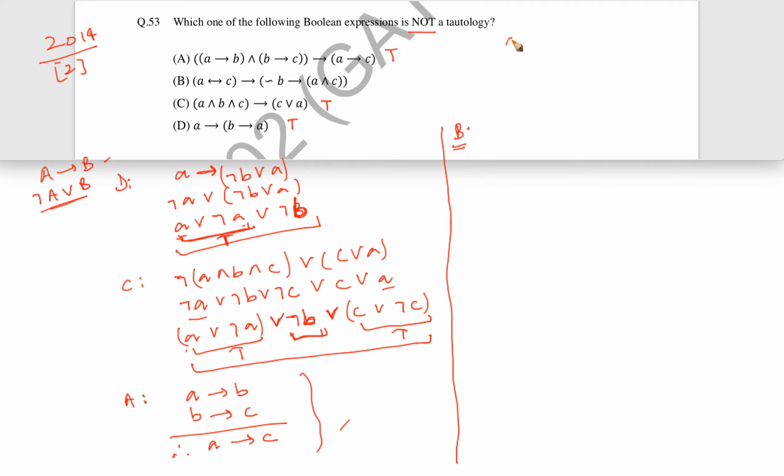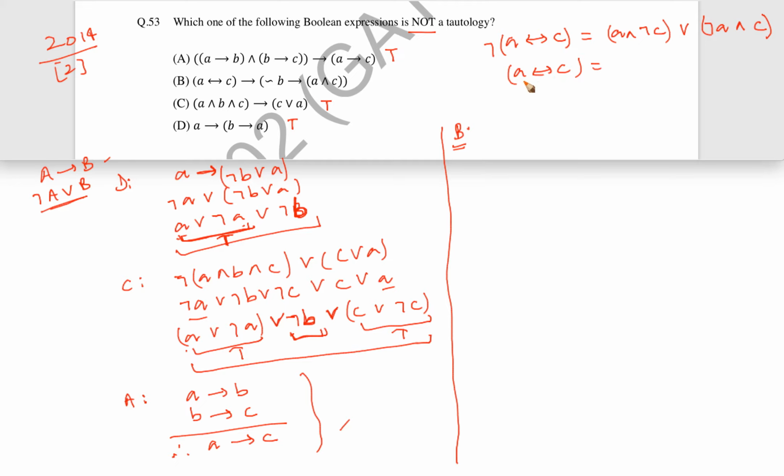You know one thing, right? A is equivalent to C can be written as A and C, or not A and not C. Basically what I'm saying is that it is sort of the opposite of exclusive OR.